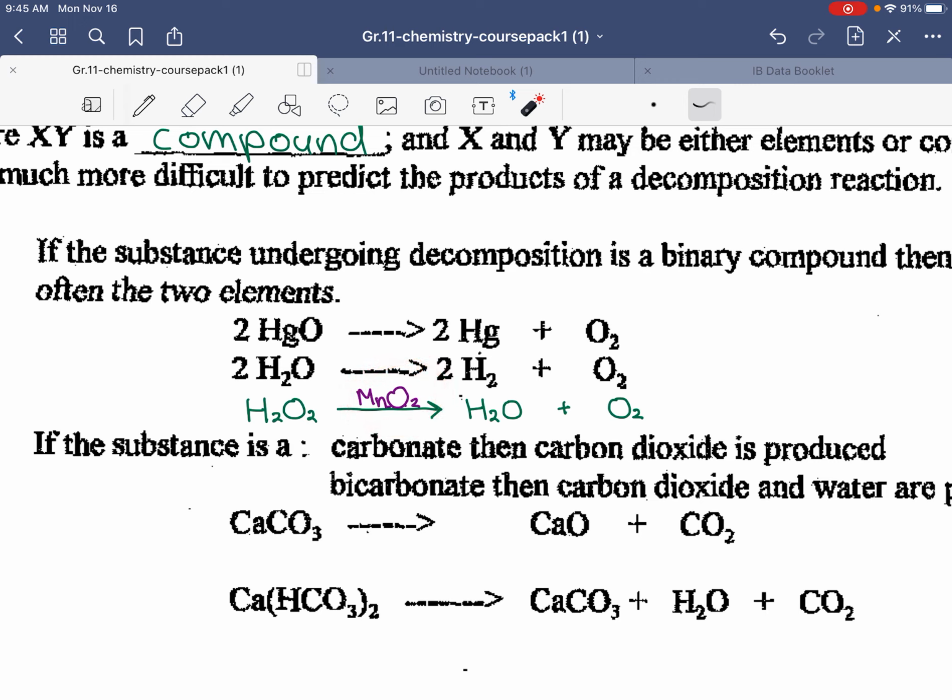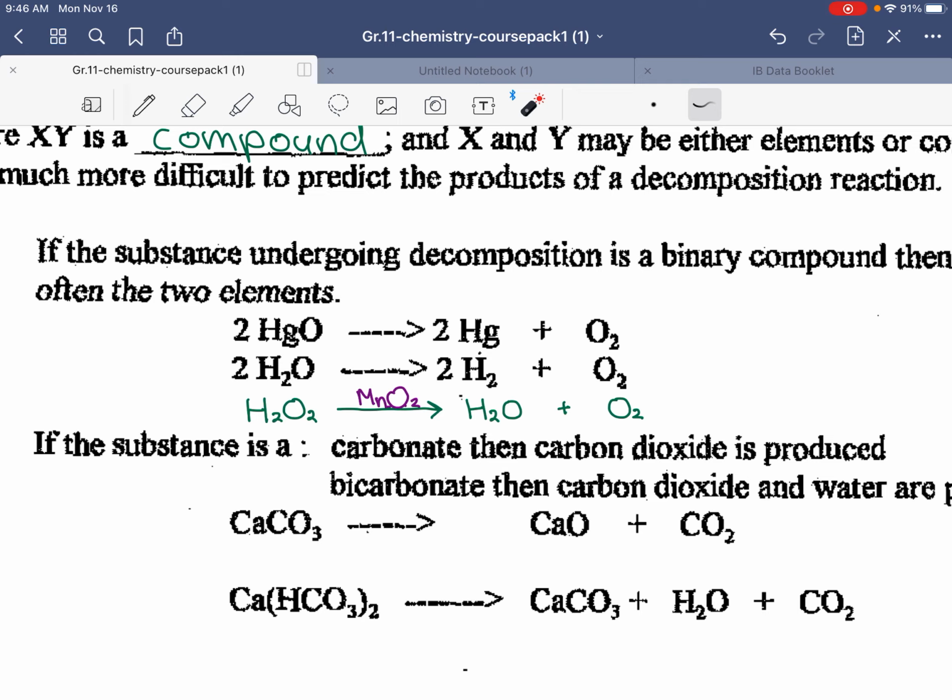So MnO2 remains as MnO2. It's not going to be part of H2O2. As you can see, there's manganese in here. You don't see manganese in any of the products, right? That's because manganese is not part of the reaction. It's a catalyst to make sure that this reaction happens in a short period of time.